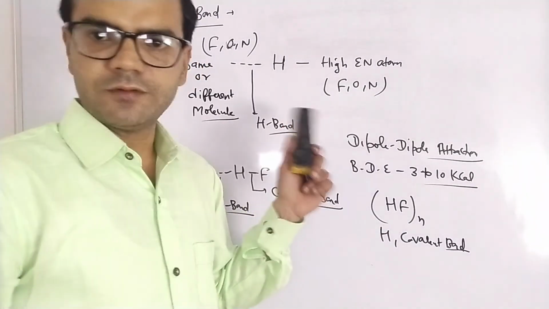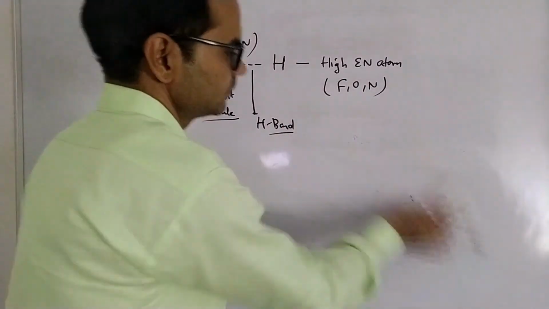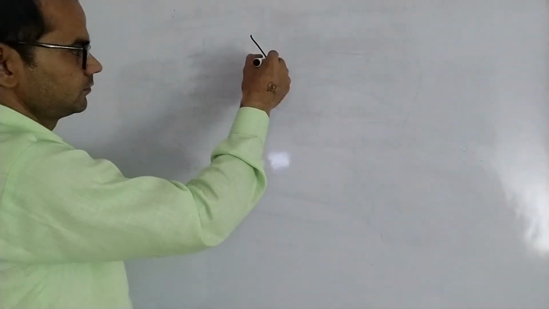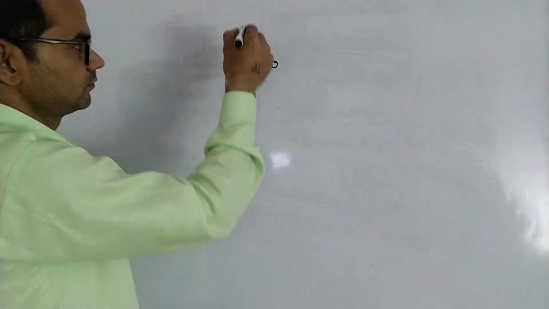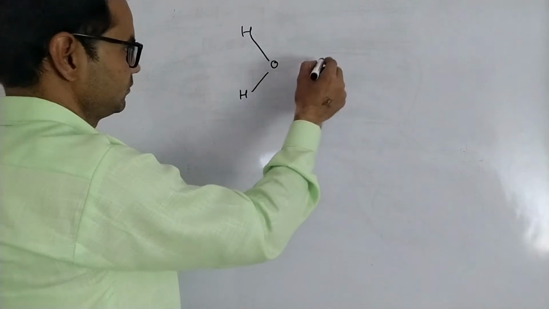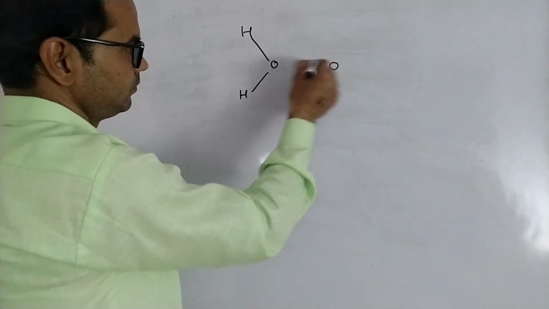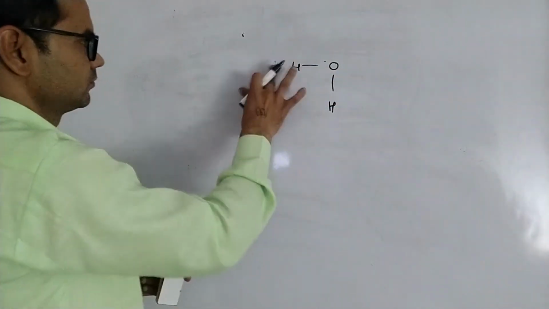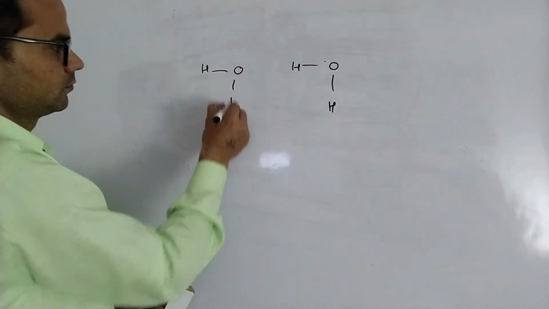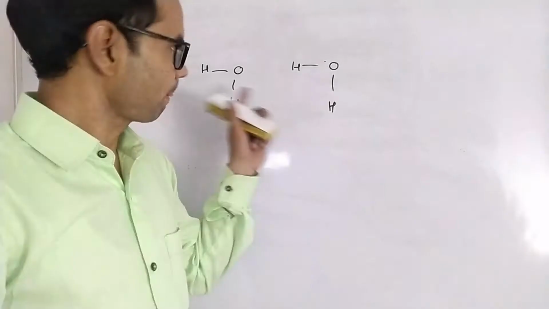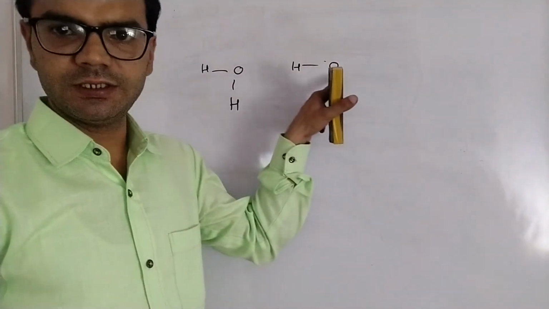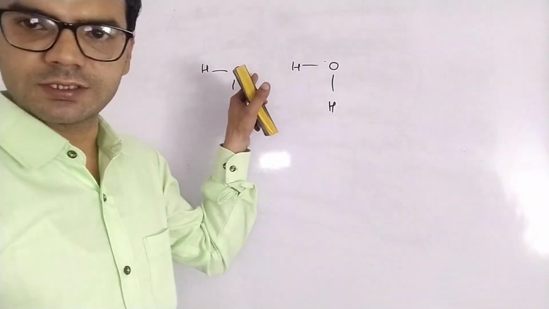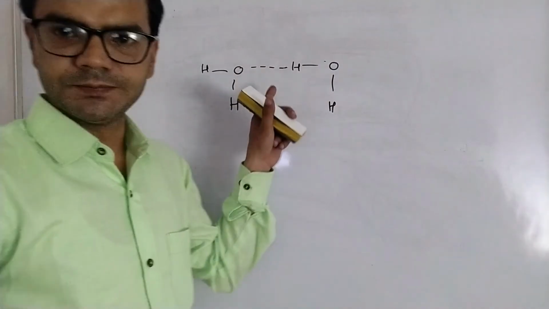Second example, for example, we have water. We have two molecules of water. Now this hydrogen is attached with the electronegative atom, so it forms an electrostatic force of attraction with other electronegative atom like this oxygen. Now this bond is a hydrogen bond.